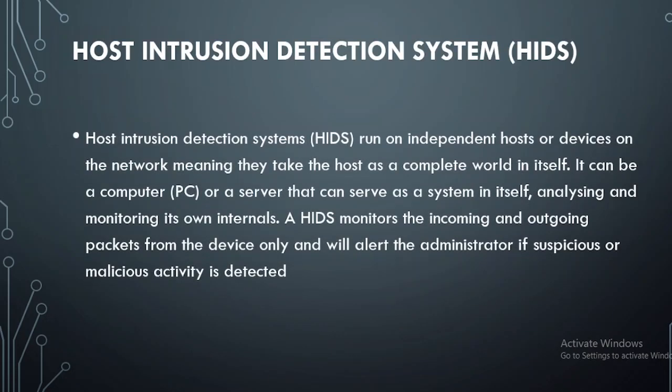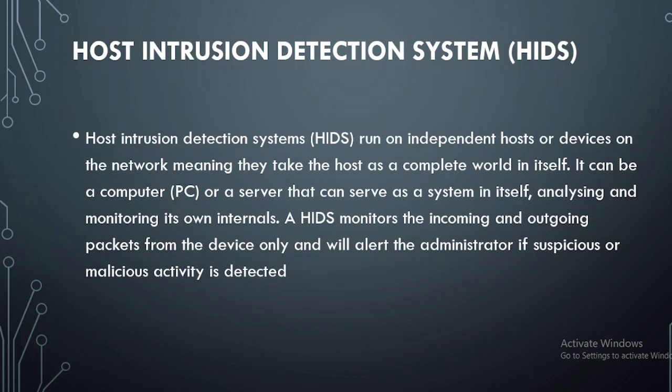Let us start with the host intrusion detection system, or HIDS. Host intrusion detection systems run on independent hosts or devices on the network, meaning they take the host as a complete world in itself. It can be a computer or a server that can serve as a system in itself, analyzing and monitoring its own internals.